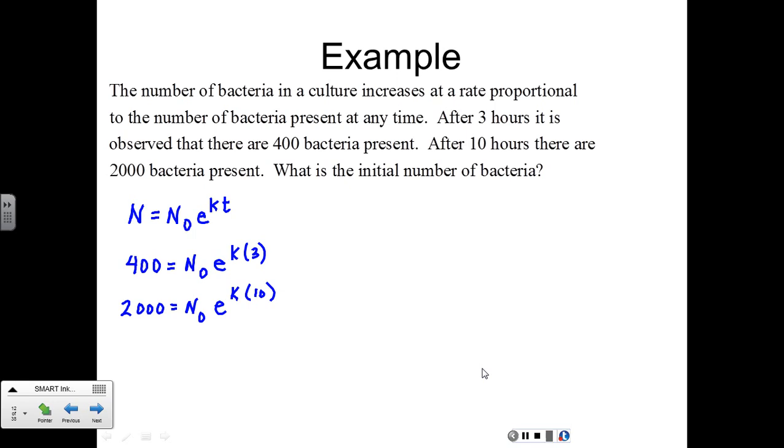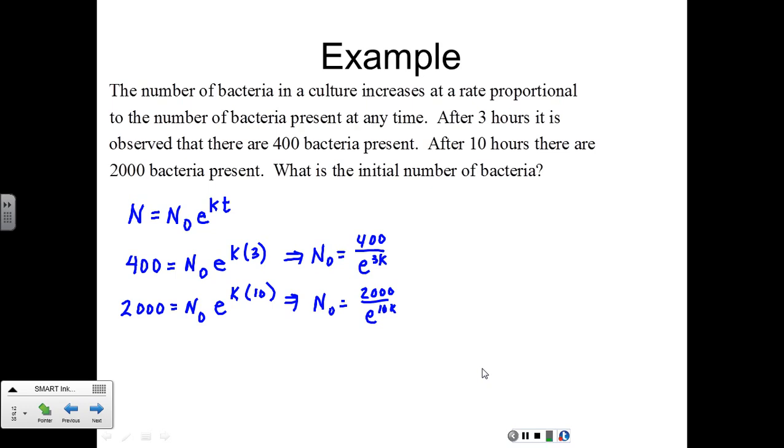We're trying to find n sub 0. Y'all agree with that? In both of these, n sub 0 will equal 400 divided by e to the 3k. In this one, n sub 0 would be 2,000 divided by e to the 10k.